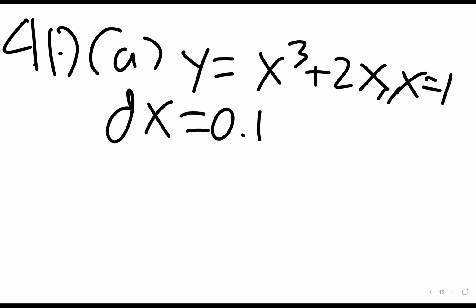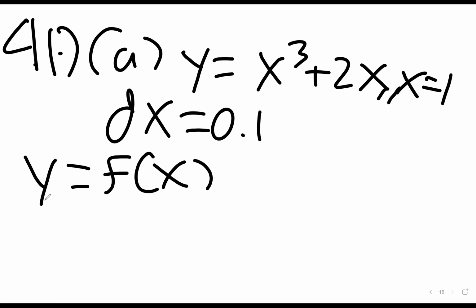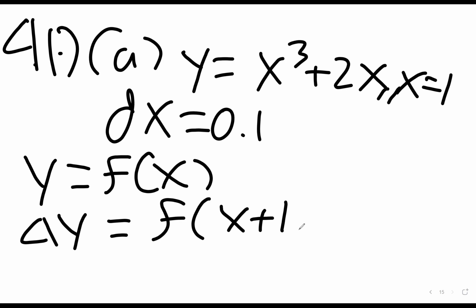So the value of delta y is the difference between the values of the function. I will write it in a general form. If y equals f of x, then delta y is the difference between f evaluated at x plus delta x, or dx, that's the same, minus f of x.